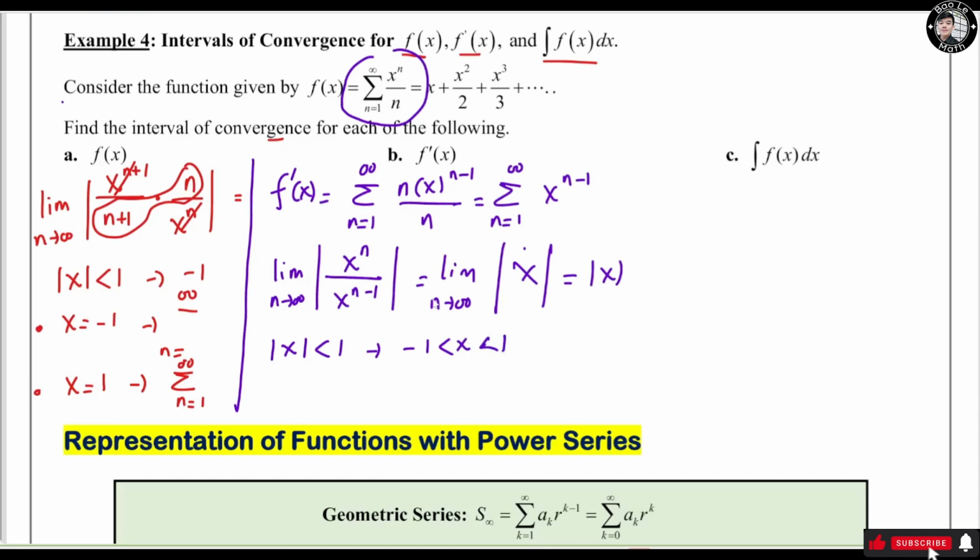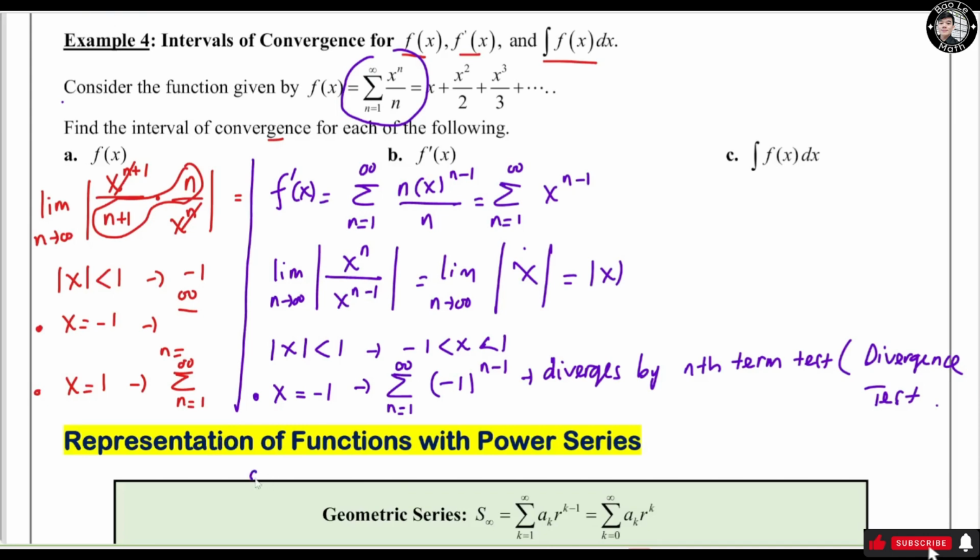Again, you need to check the endpoints. Now I'm going to check s equals -1 first. So we have the series when n goes from 1 to infinity of -1 raised to the n minus 1, and this one diverges by the nth term test or divergence test.